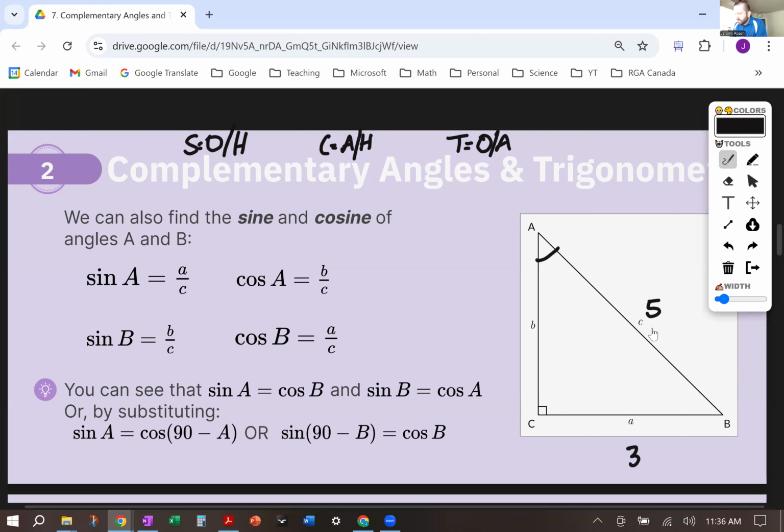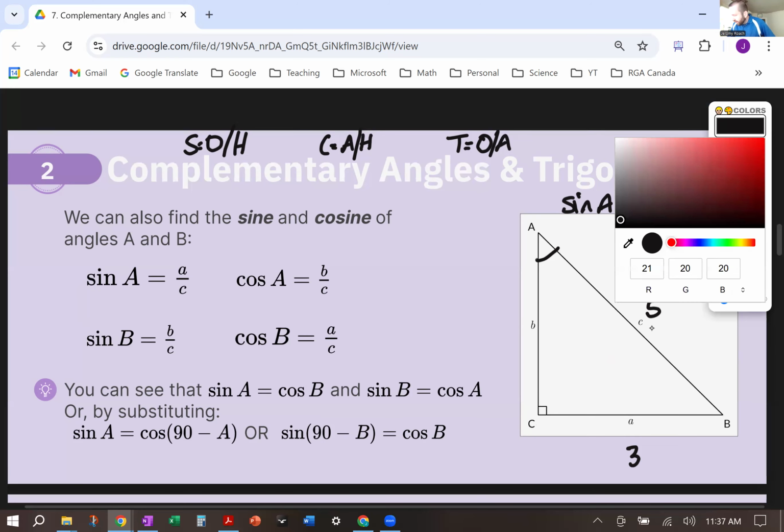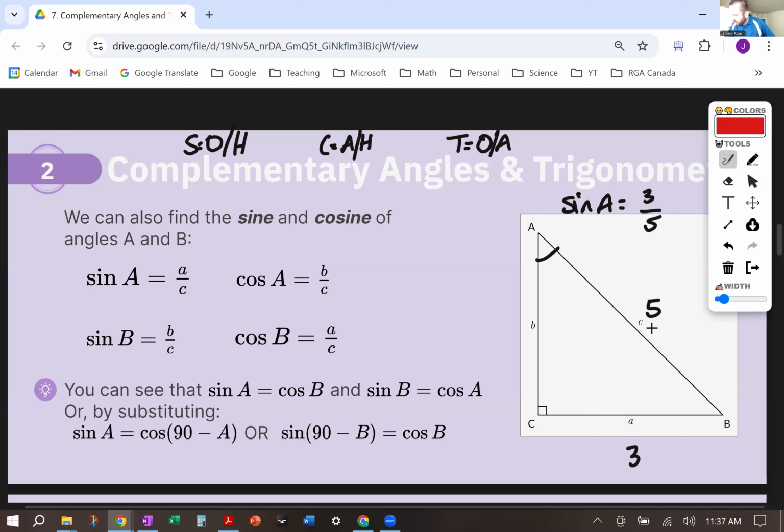Now, if we want to actually find what sine A is, we would just write sine A equals 3 over 5. And if it asks you to find what angle A is, you would take the inverse sine and think of it almost like we're applying inverse sine to both sides.